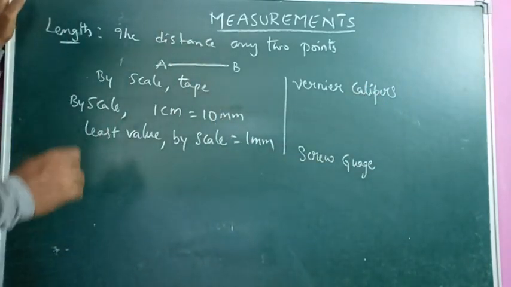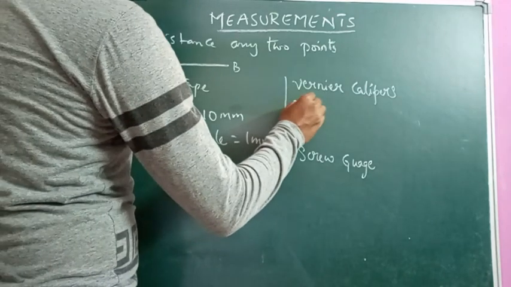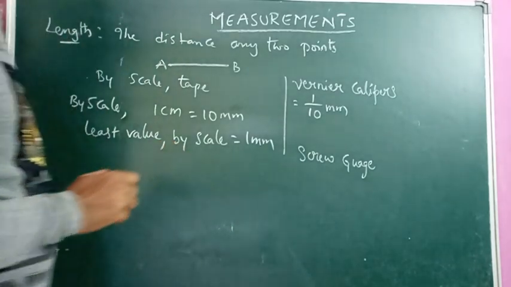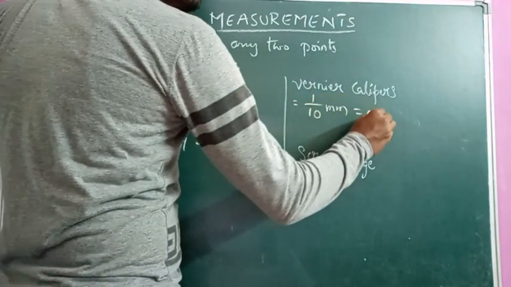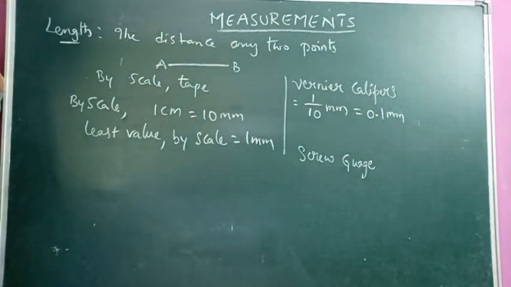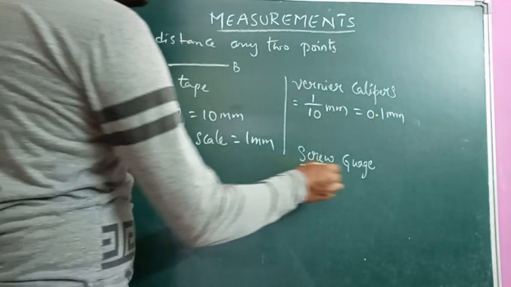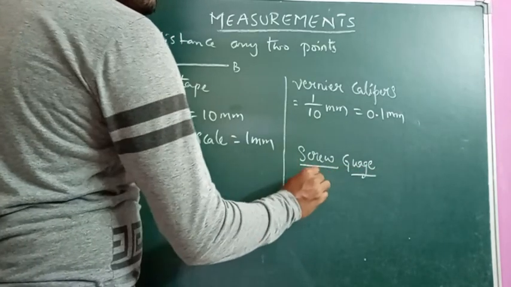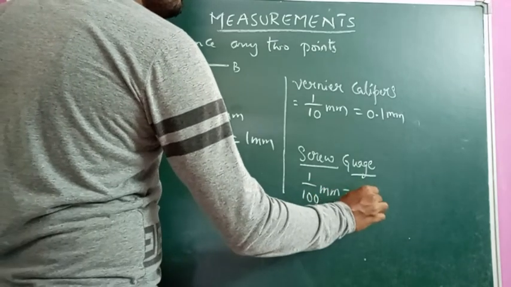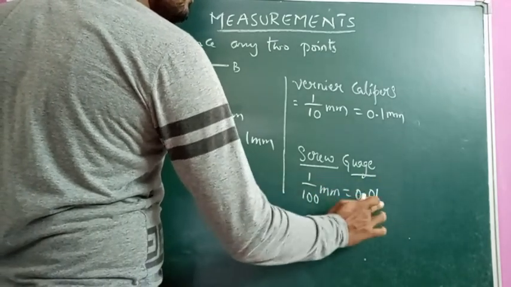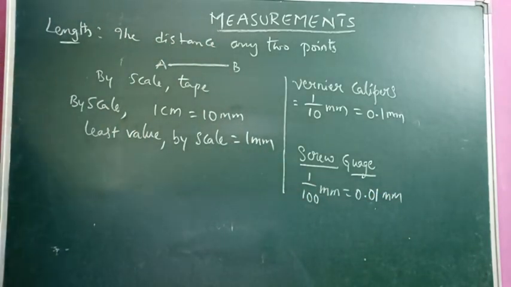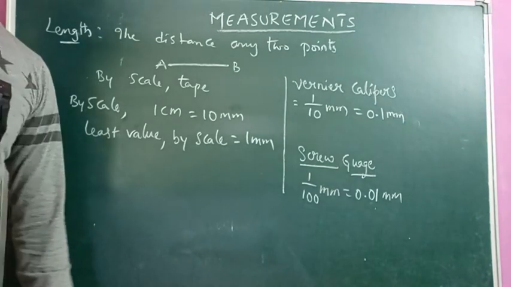Using vernier calipers, we can measure length up to 1/10th part of a millimeter, that means 0.1 millimeter. And using a screw gauge, we can measure up to 1/100th part of a millimeter, that means 0.01 millimeter. These are the least values we can measure.